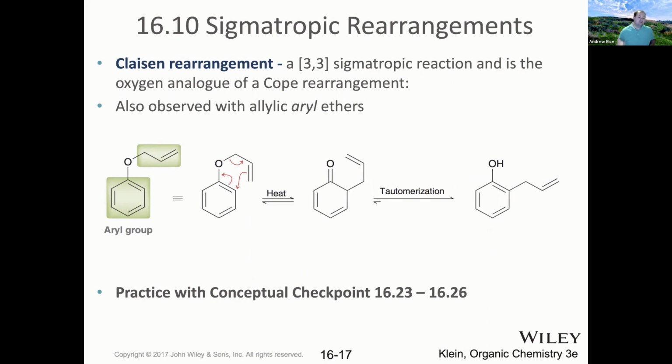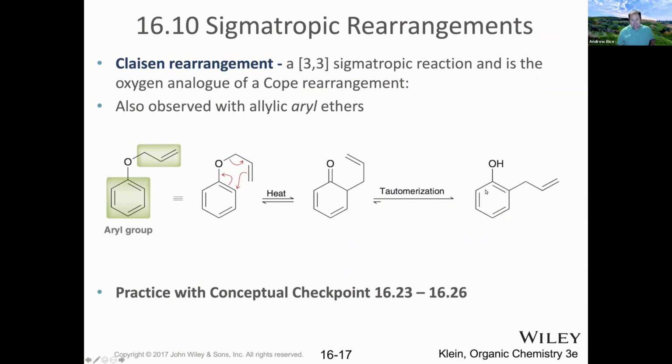In other words, reverse from what we learned back in chapter 9 in OChem 1, you can take this C double bond O and transform it back into an enol, an OH that's connected to an alkene.